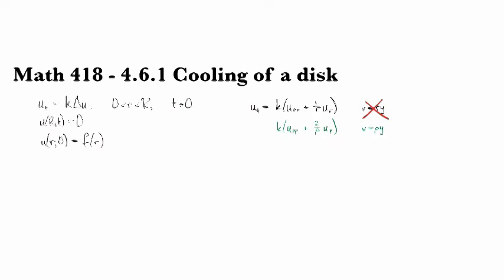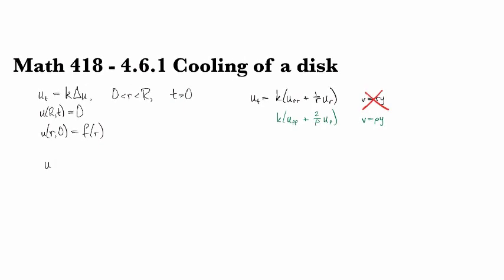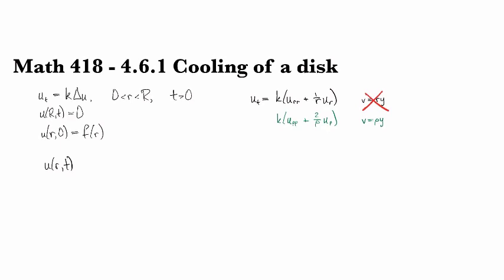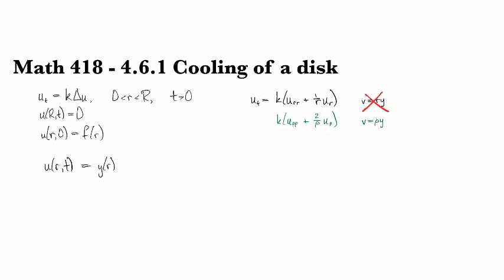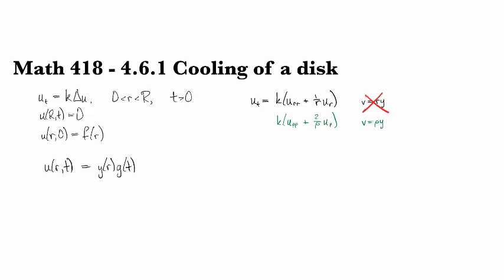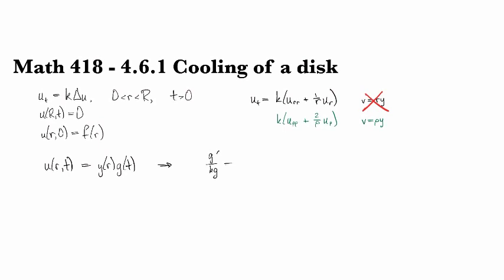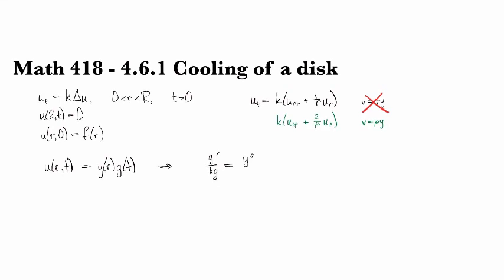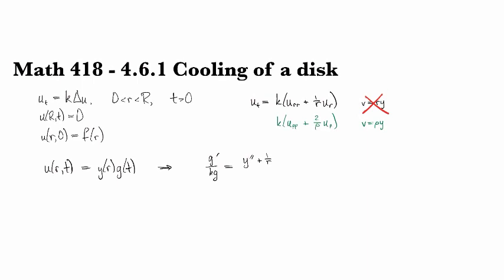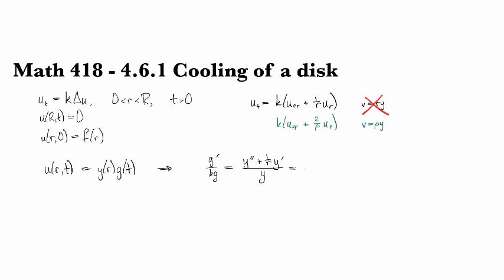Let's see. So doing the usual thing and applying separation of variables, we get y of r, g of t, and substituting this in, we get g prime over kg, so we're going to get a decaying exponential for that one, just like usual. And then we've got y double prime plus 1 over r y prime all over y equal to minus lambda.